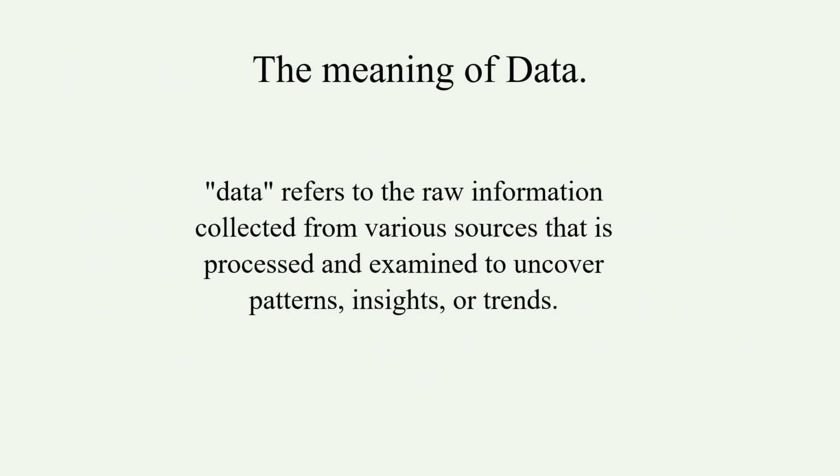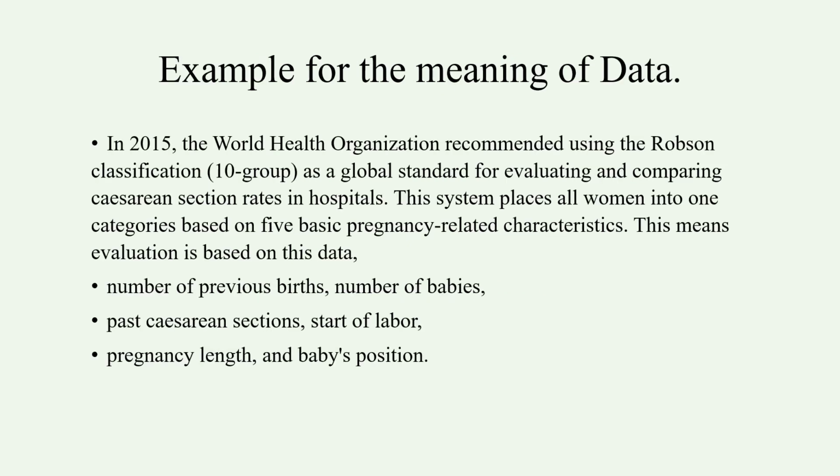So practically, the word data refers to the raw information which is collected from various sources, and this information is then processed and examined to uncover patterns, insights, or trends. So we can understand the meaning of the word data by looking at the following example.